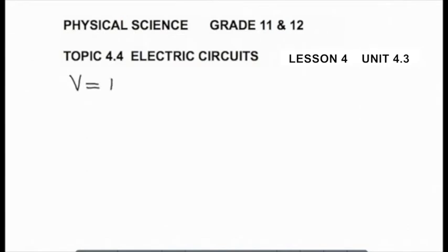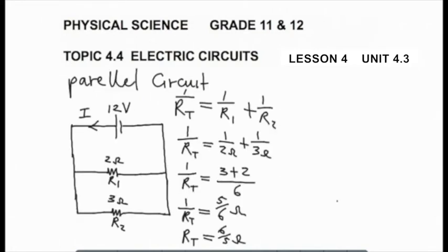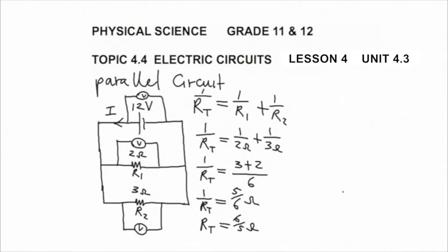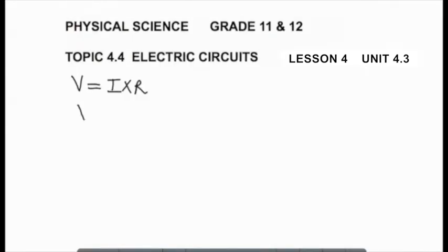V equals I times R. So this formula gives us the relationship between voltage, current, and resistance. Therefore, in this very circuit, we want to find out the relationship between the voltage produced by this 12 volts source in relation to these two resistors. We have V1, which will equate to I1 times R1.